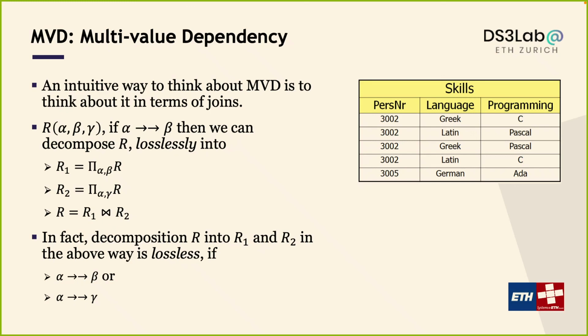So this is actually tighter, as we will see next week, because whenever there's a functional dependency, it implies you have a multivalued dependency. So this gives you more instances in which you can decide whether a decomposition is lossless or not. Okay, so this is about multivalued dependency.